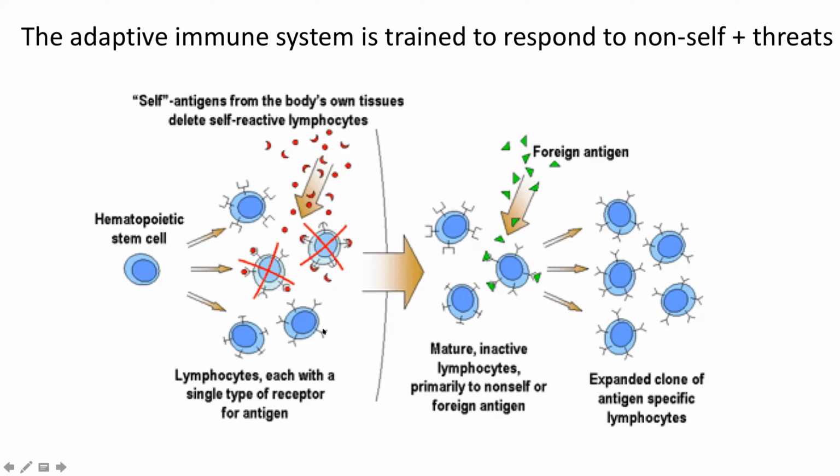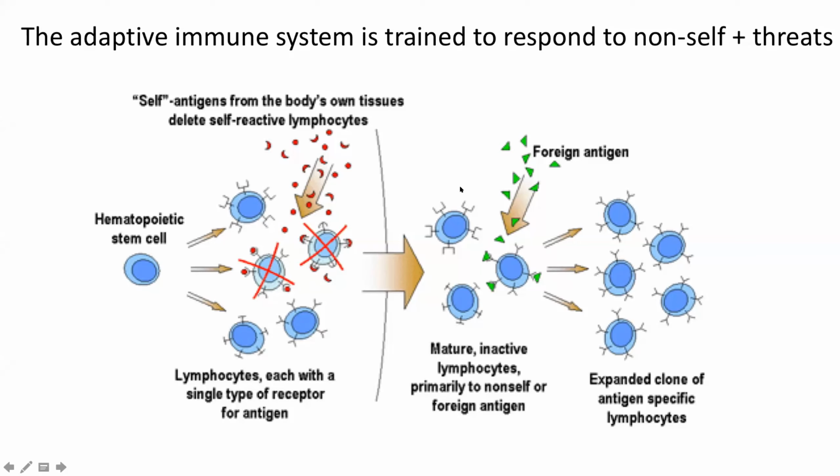As these lymphocytes are made, they can recognize any given antigen. The immune system exposes these developing lymphocytes to what we call self-antigens, or proteins from our own cells and tissues. Any of the lymphocytes that recognize those antigens are deleted so that we don't mount immune responses against our own antigens. What's left are lymphocytes that have potential to recognize things that aren't part of self.